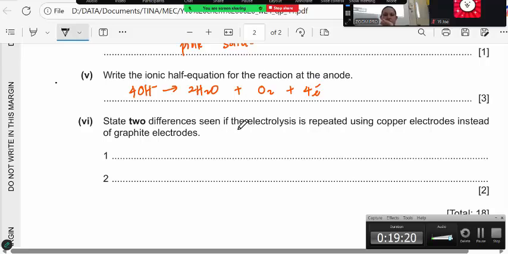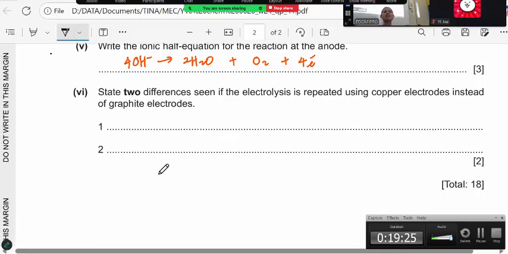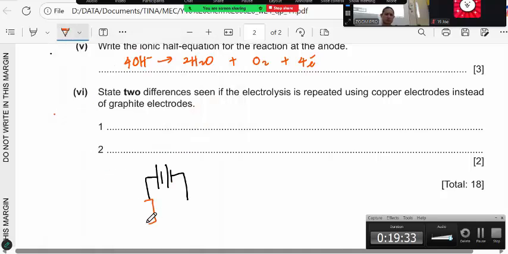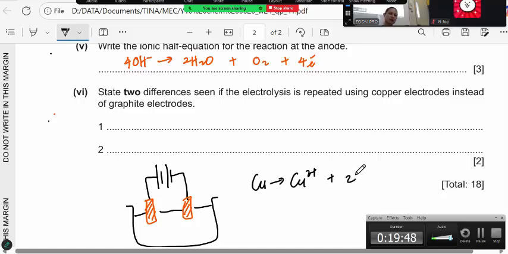Okay. State two differences seen if the electrolysis is repeated using copper electrodes. So this one, again, same concept. You must draw. Remember, copper becomes copper ion at the anode, because now the anode is made from copper, it will react.